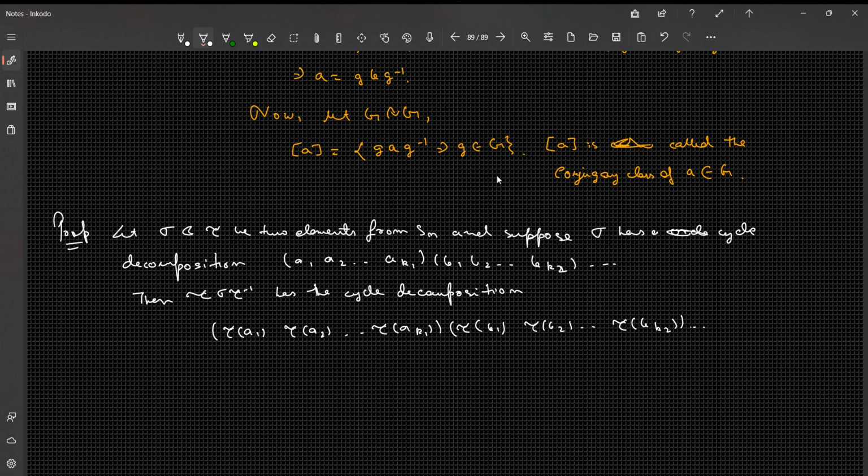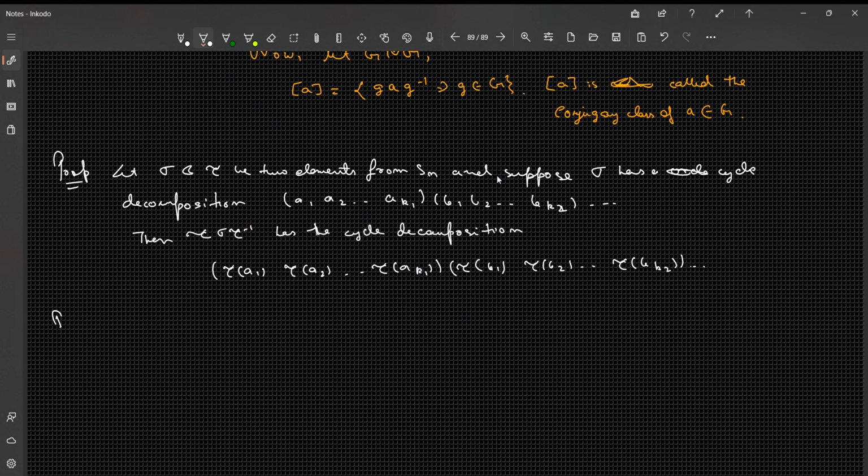If you don't know what cycle decomposition is and what these notations actually mean, I'll give the reference to the video on symmetric groups in the I button. So let us prove this.